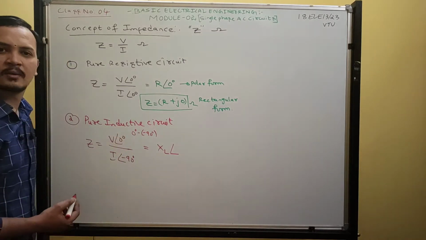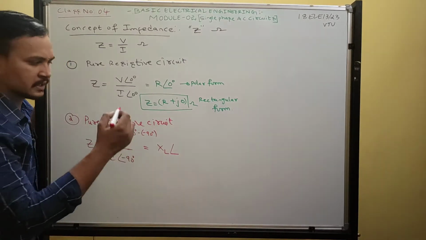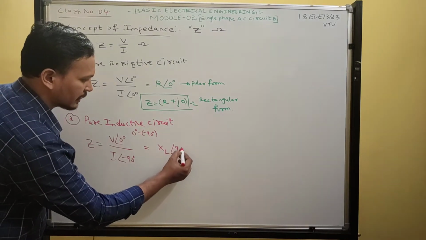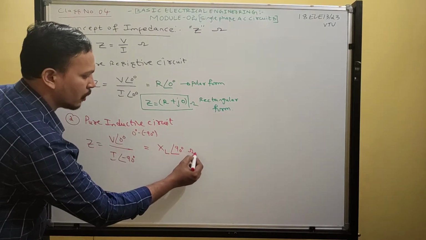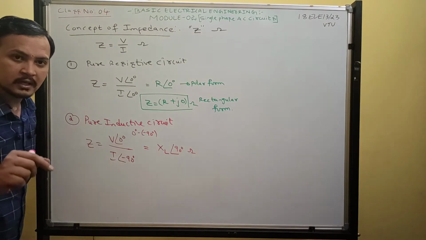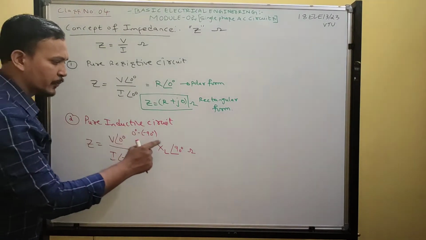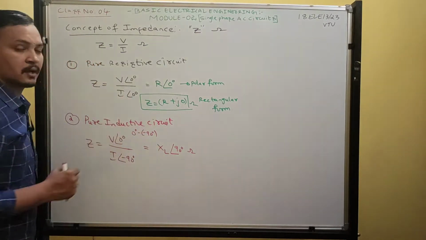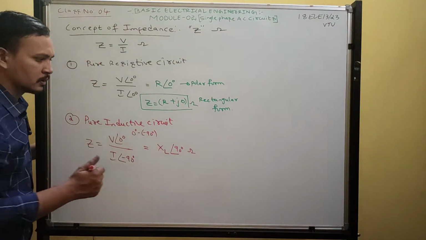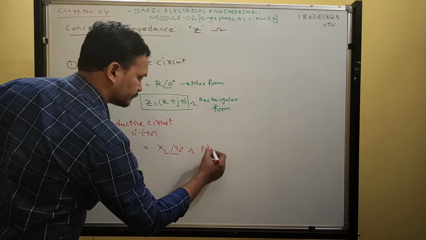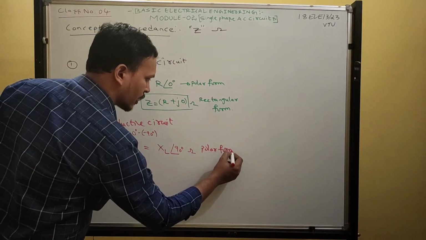Minus into minus is plus, so 0 plus 90 is 90 degree. So for a pure inductive circuit, the impedance in polar form is XL at an angle 90 degree, ohms.